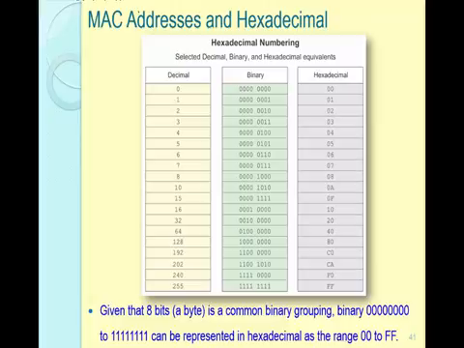Usually when we deal with chunks of size 1 byte, a byte is 8 bits. If you take an 8-bit, 1 byte number like this one, if you represent it in hexadecimal, it would be only 2 digits. So this is very convenient, and that's why people use hexadecimal instead of binary, again as a method of abbreviation.